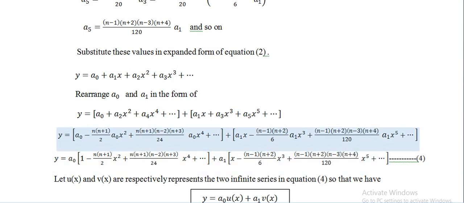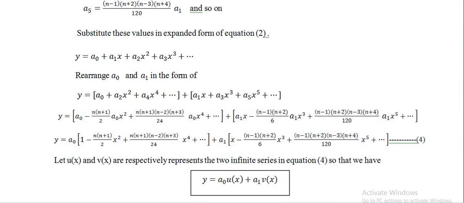In the first bracket the common term is a0, so take a0 as common, and in the second bracket a1 is common, so take a1 common. So after taking a0 and a1 out of both brackets, you'll get equation number 4. So write it in this form.